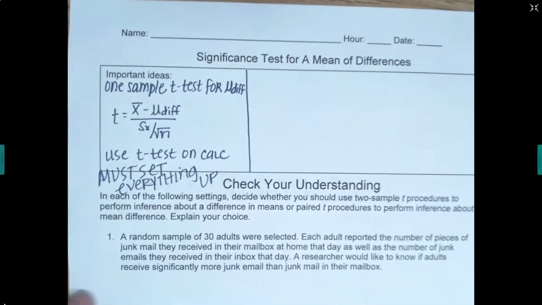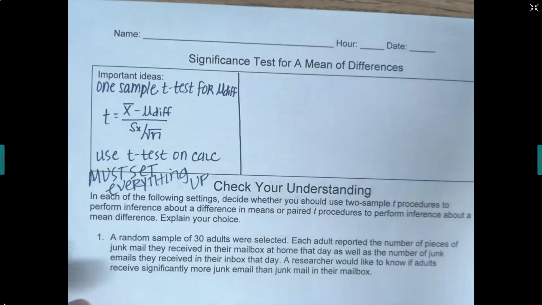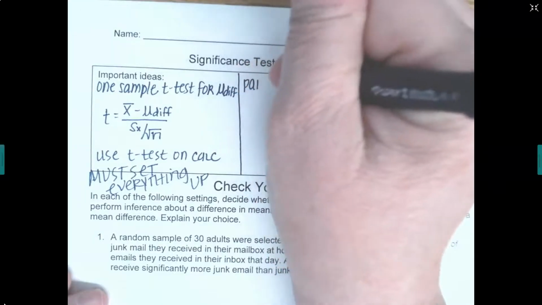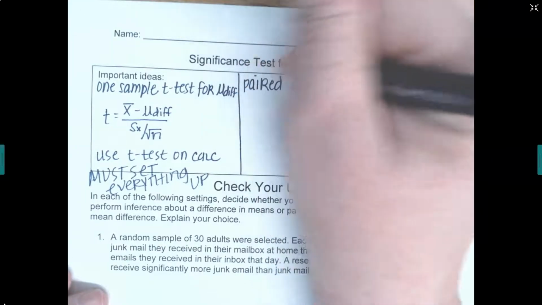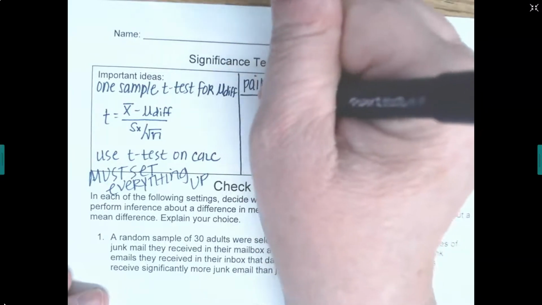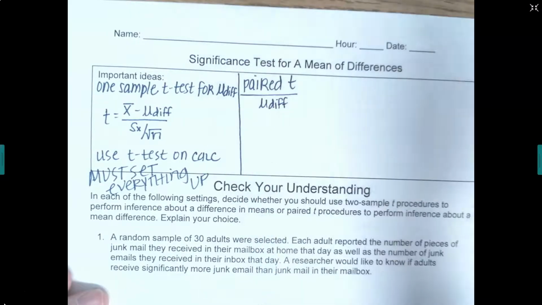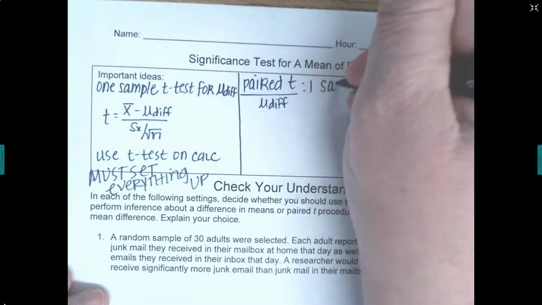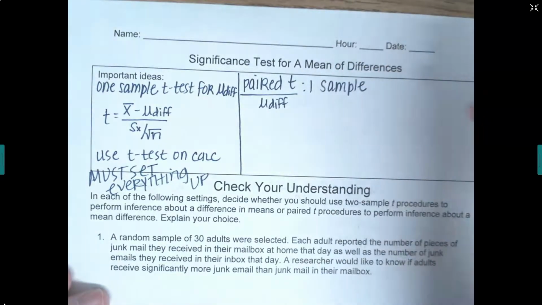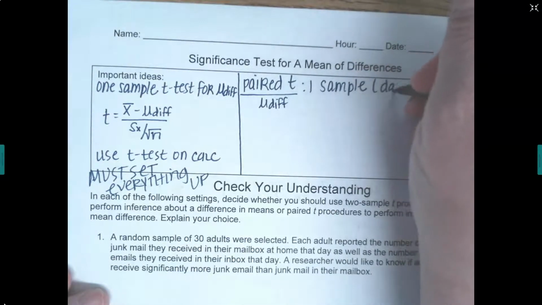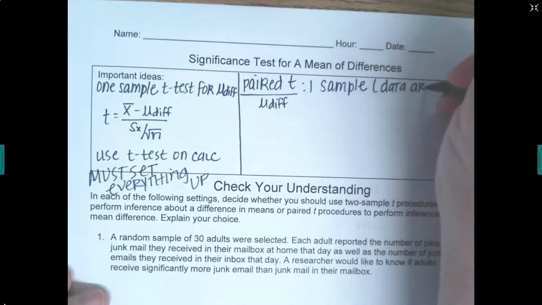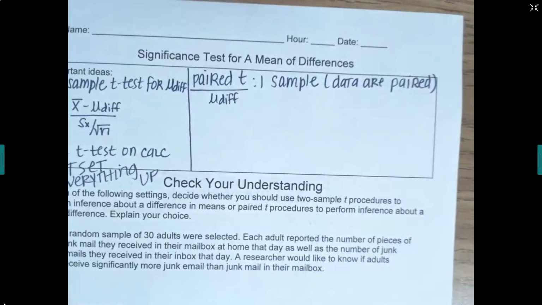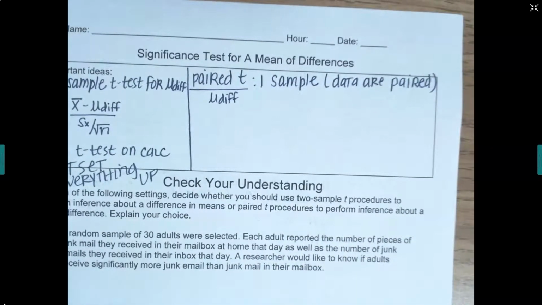Okay, and then the next part is to delineate a little bit further between the two tests. So the paired t, which is the mu diff, that's the mean difference. When you have a mean difference, you have one sample and the data are paired.